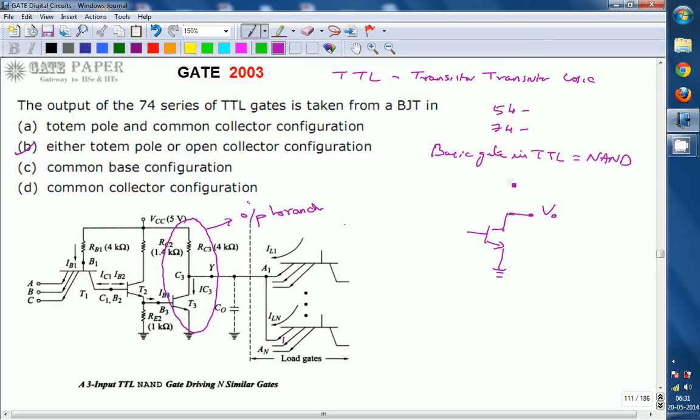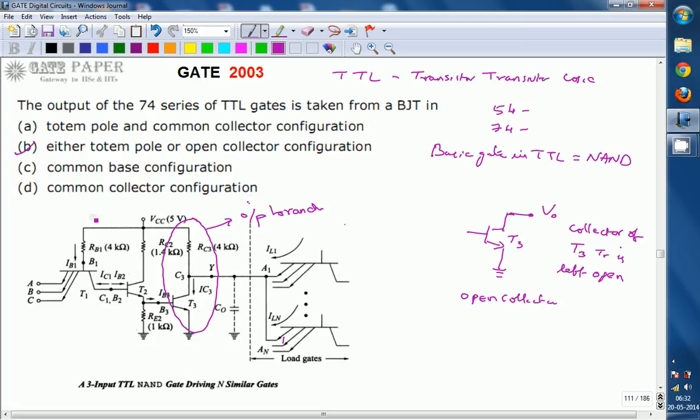There is no resistor connected above, so the collector of T3 is left open and not connected to VCC through a resistor, as seen in the basic diagram. This configuration is called the open collector configuration.